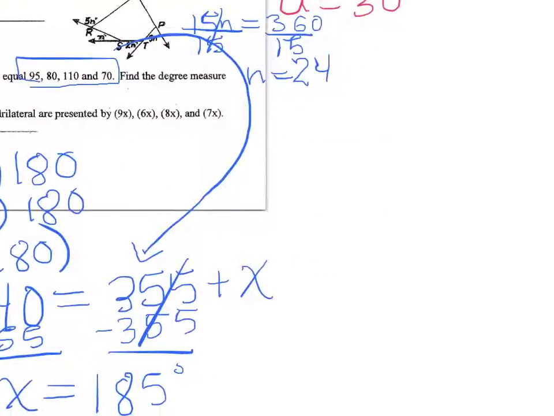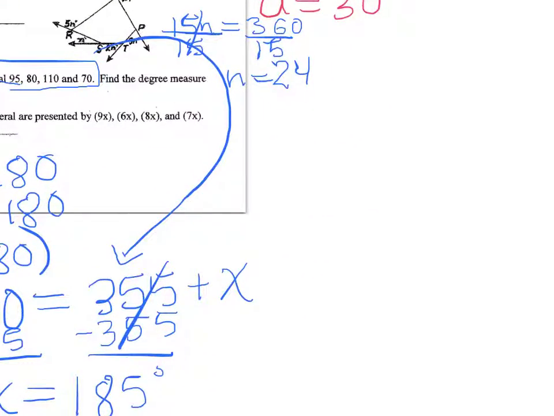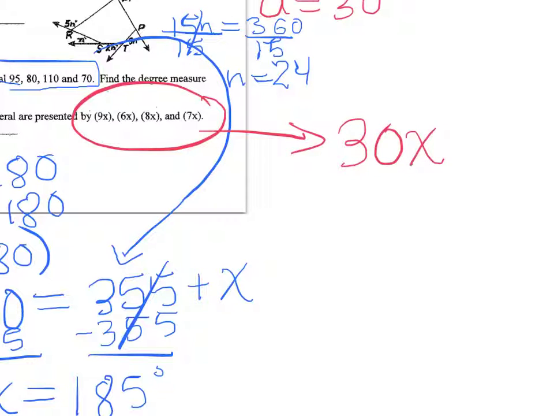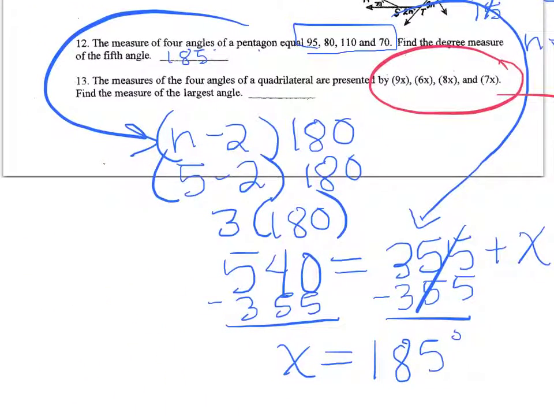Let me just put it over here. Okay, so how many x's was that altogether? 30. So then this is 30x. And is this interior or exterior? What are they talking about here? The measurement of 4 angles, right?